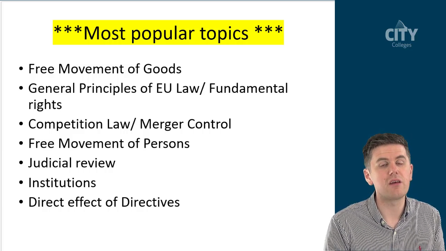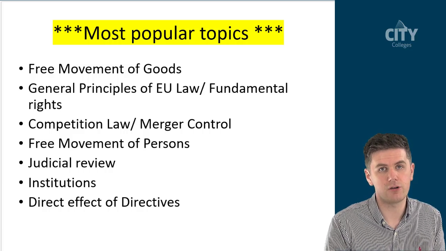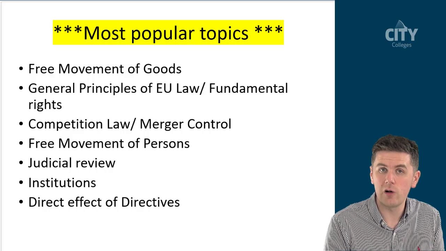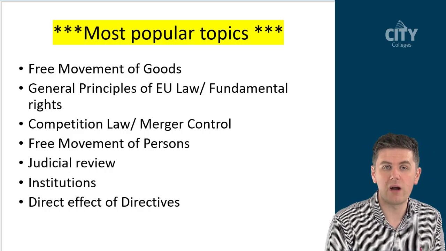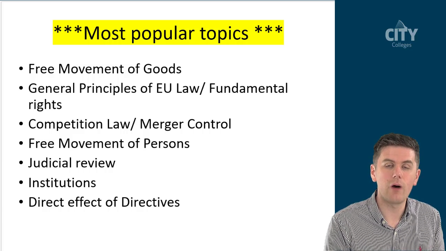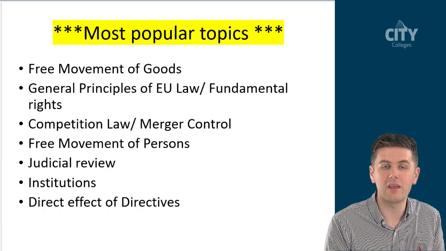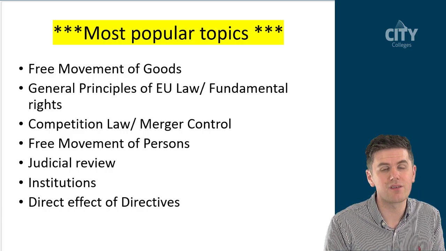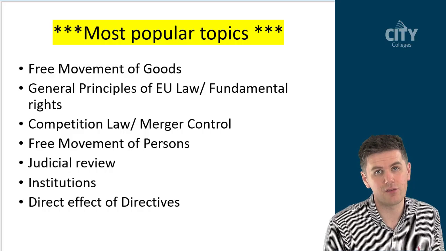Judicial review is another very, very popular topic, traditionally examined by way of an essay question, although it has come up by way of a problem question in some papers about annulment. And the question tends to focus on the standing requirements for non-privileged applicants and how it was affected by the Lisbon Treaty.